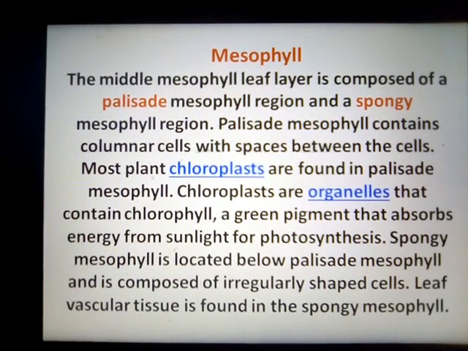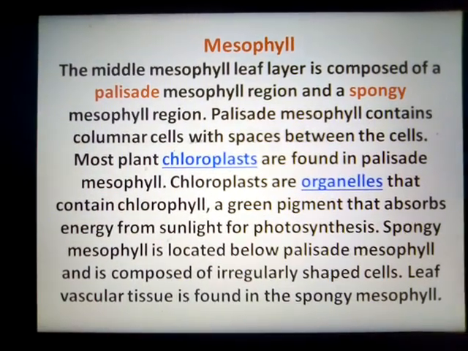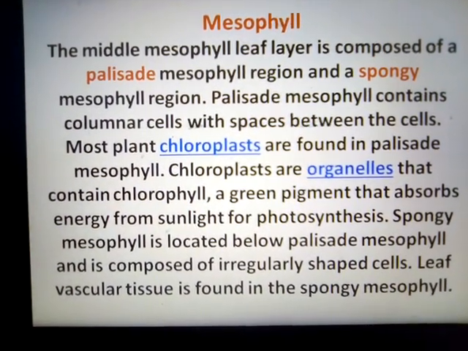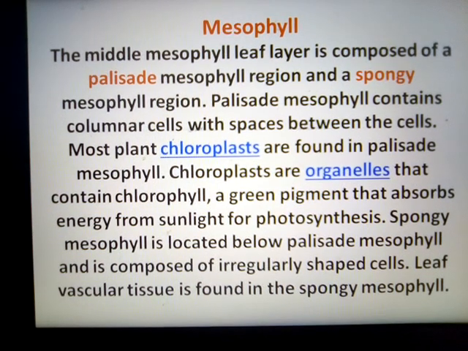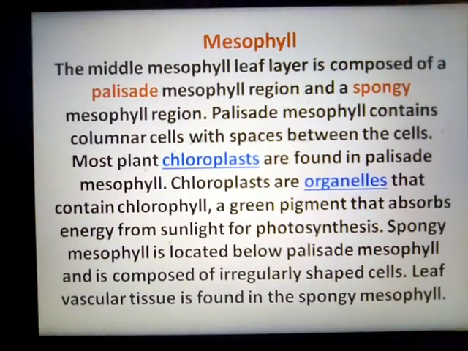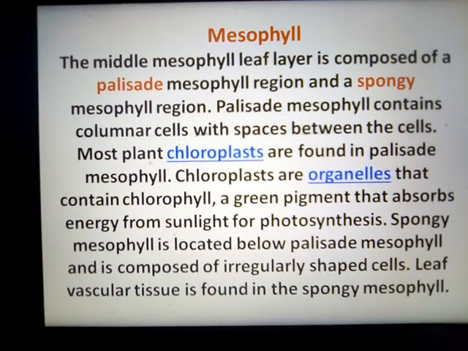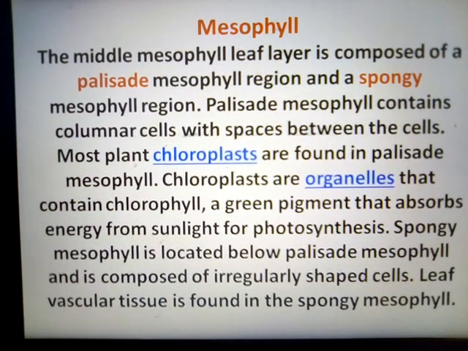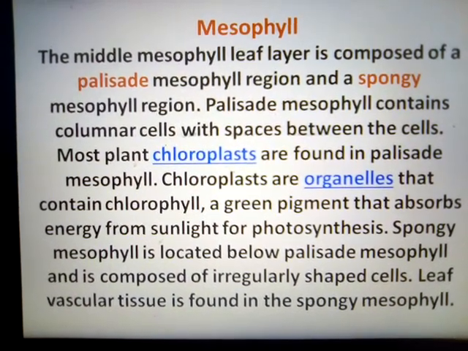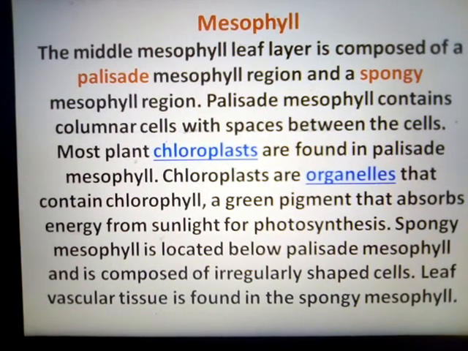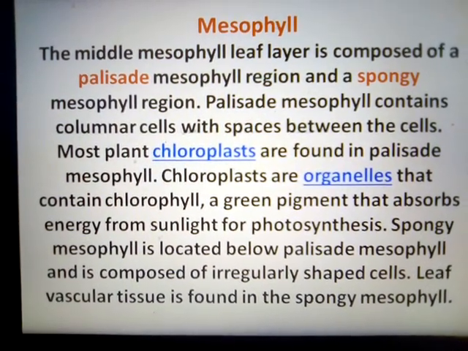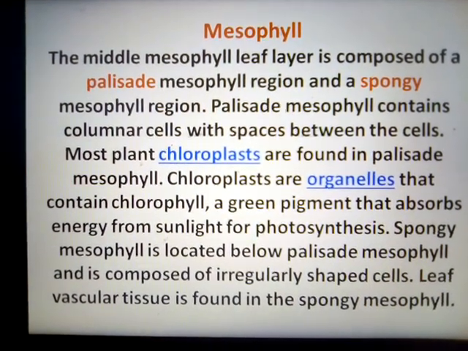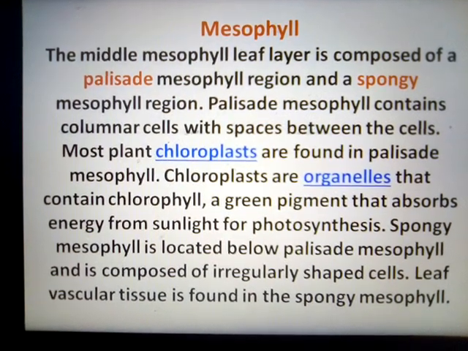Most plant chloroplasts are found in palisade mesophyll. Chloroplasts are organelles that contain chlorophyll, a green pigment that absorbs energy from sunlight for photosynthesis. Spongy mesophyll is located below palisade mesophyll and is composed of irregularly shaped cells. Leaf vascular tissue is found in the spongy mesophyll.